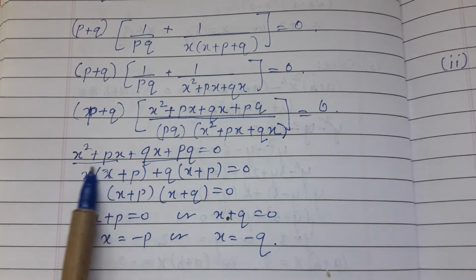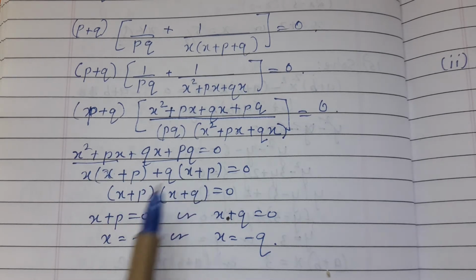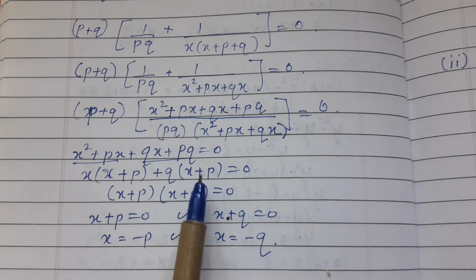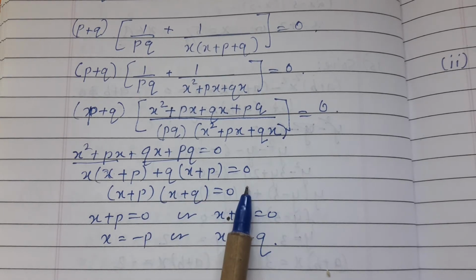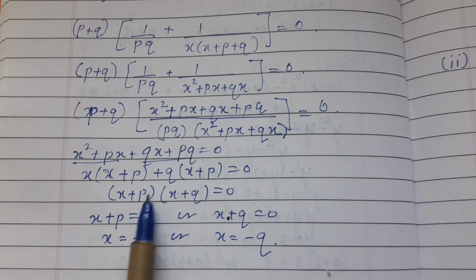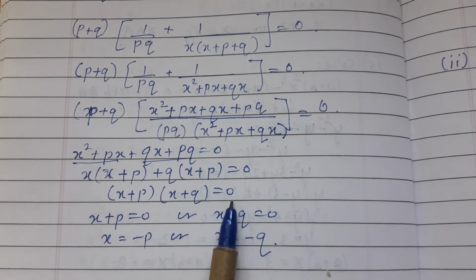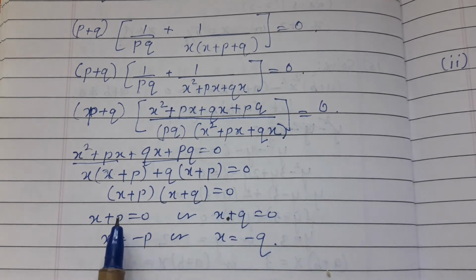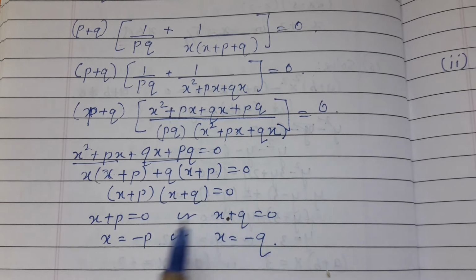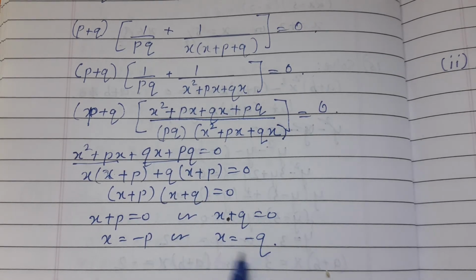Now pair the first two terms and the last two terms: x into x plus p plus q into x plus p equals 0. x plus p is common, so x plus p into x plus q equals 0. x plus p is 0 or x plus q is 0. x is minus p or x is minus q.